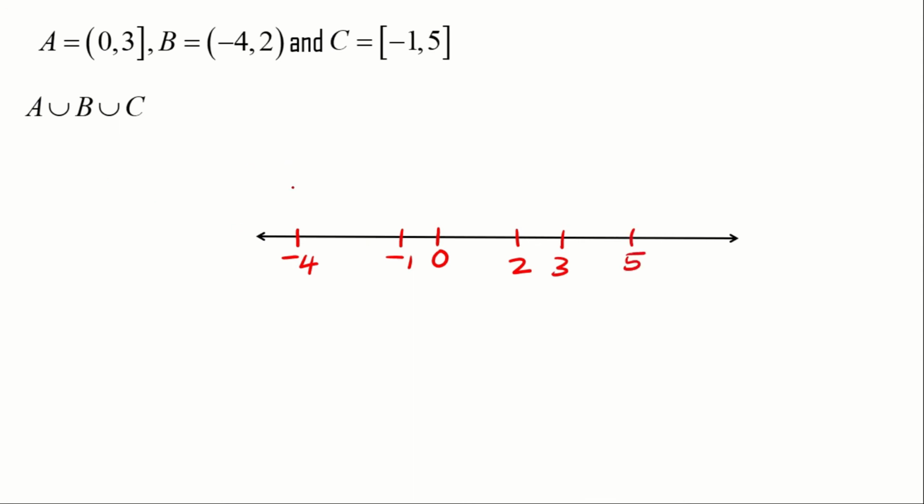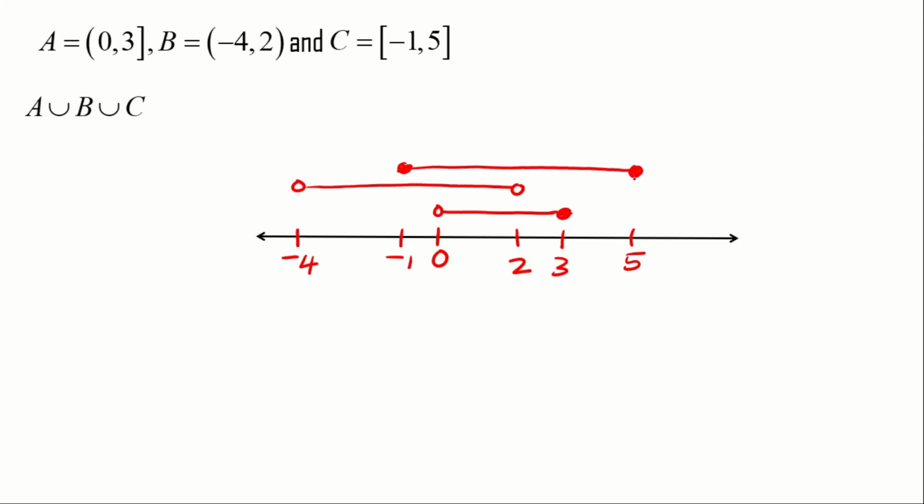So the first one is 0, 3. 3 is closed, and the second one we have -4 until 2, both open, and then we have from -1 until 5, both closed.